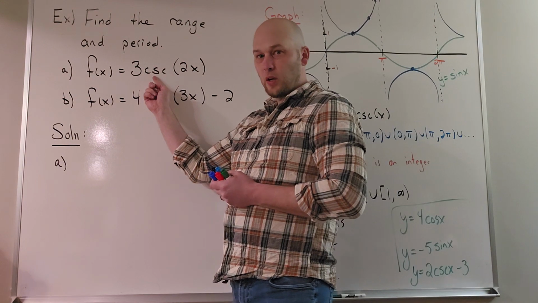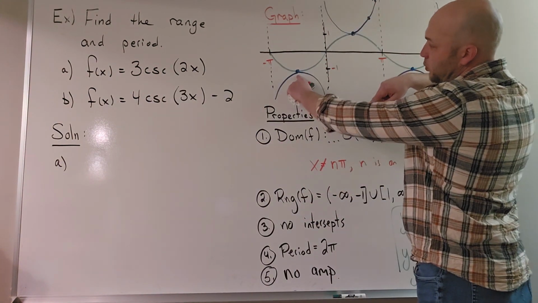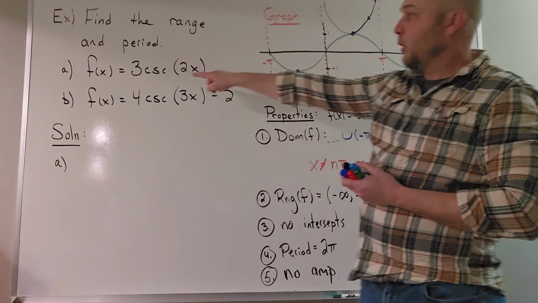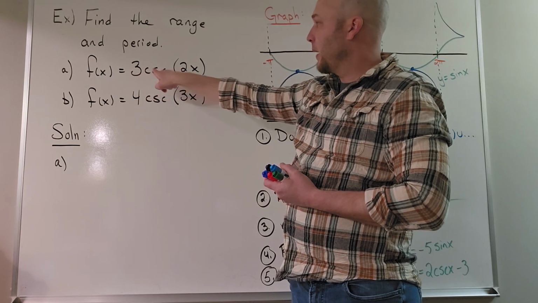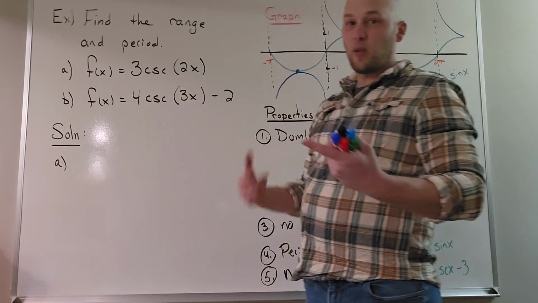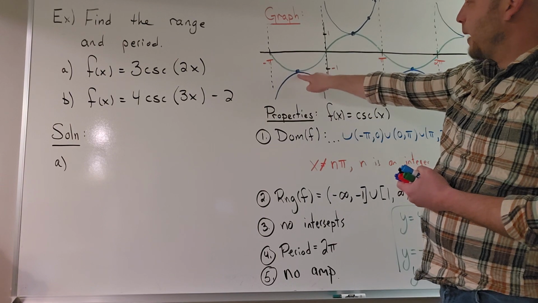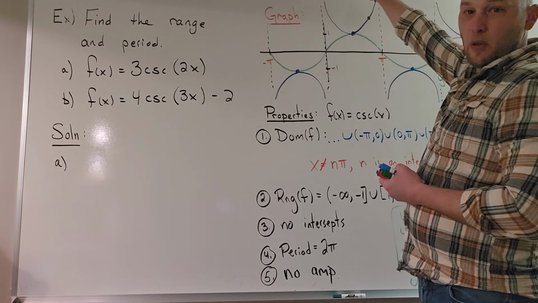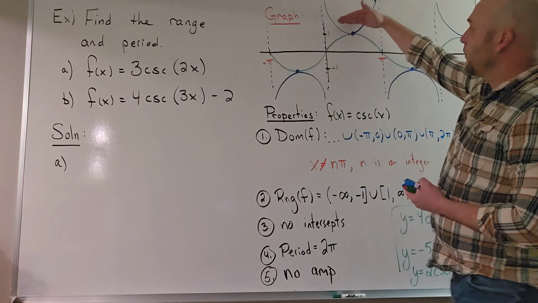The basic cosecant function is -1 and below, and then 1 and above. Now, if I multiply this function by 3, remember when I multiply a base function by a constant, if the constant is bigger than 1, then that is a stretch. So this -1 becomes -3, and this +1 goes up to 3, and everything below that stretches down, everything above that stretches up.